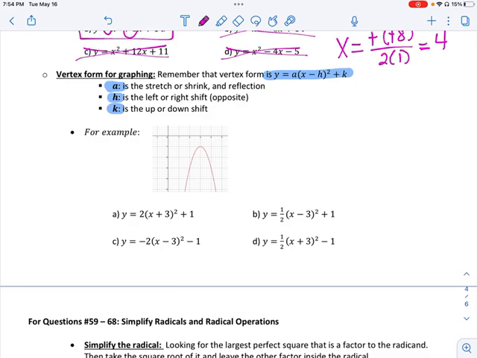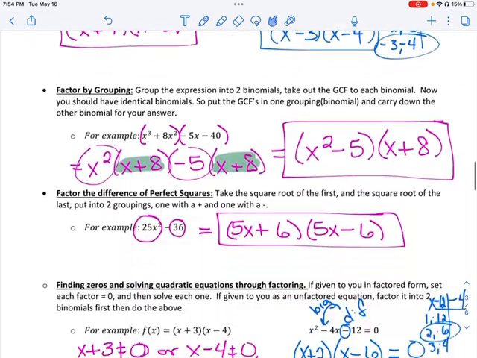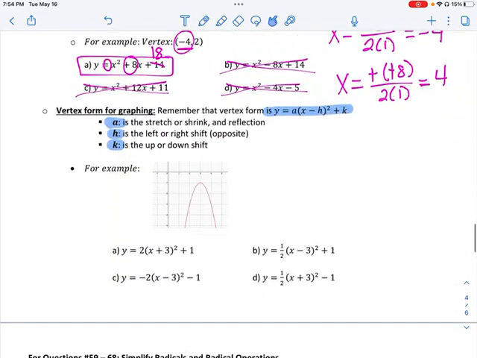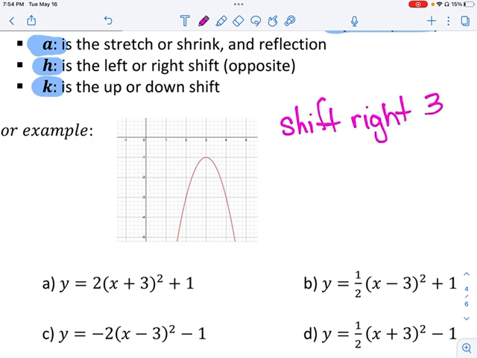So when I look at this graph, I ask myself, okay, what is going on? If I just estimated what is happening already here, I'm going to say, okay, it shifted right 3. And the reason I know that is my vertex is clear over here. I also shifted down 1.